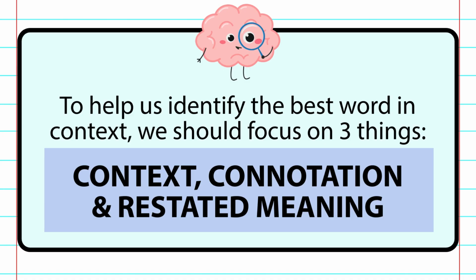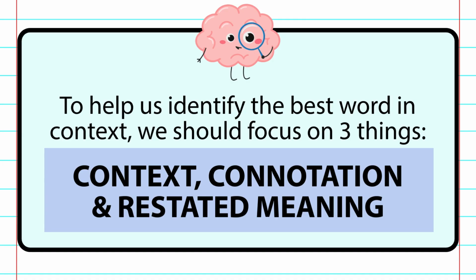We're not just looking for a word that sounds right or looks good. Instead, we need to understand the text and select the word with the meaning that best matches the point the text is making.